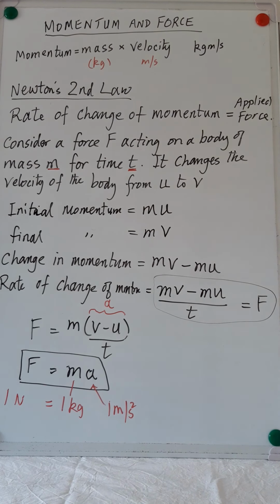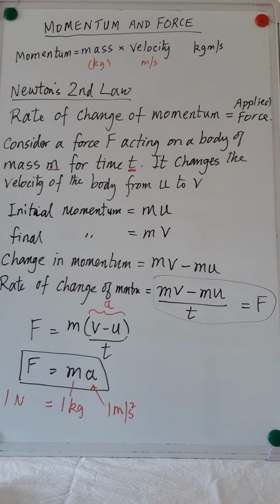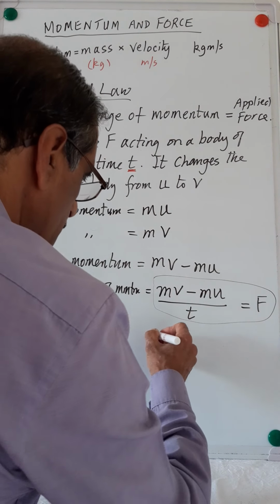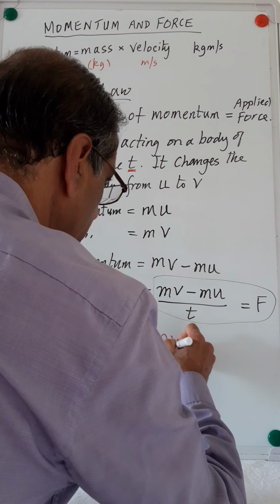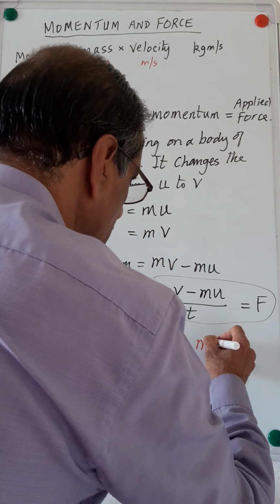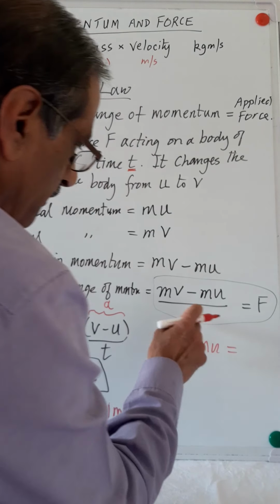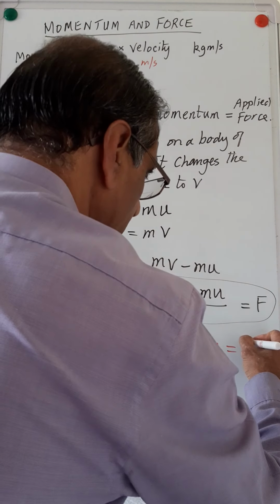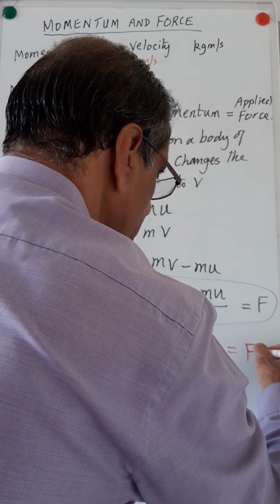From this formula, mv minus mu equals, now if I take the t to the other side, I multiply both sides by t, you get F times t.